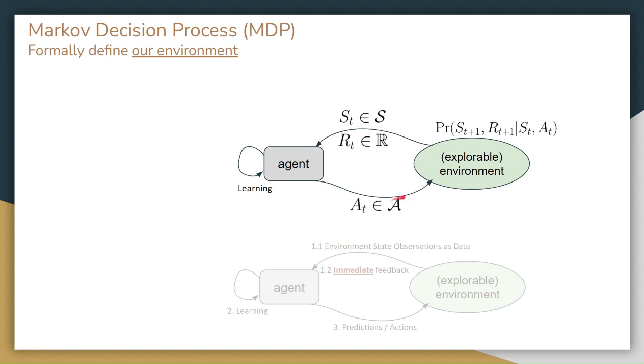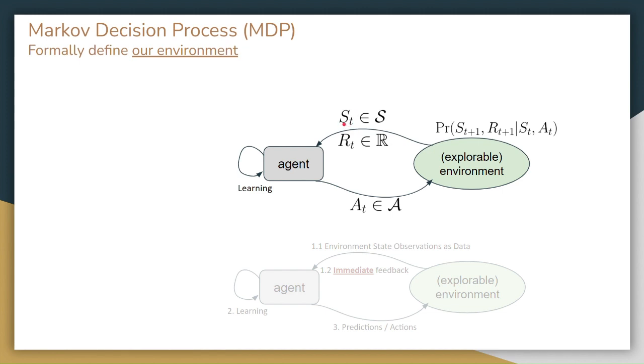So this calligraphy A denotes all possible actions. The same goes for calligraphy S. It also denotes the set of all possible observation states that the environment can send to you. But the real one that you observe at time step t is this normal capital S_t.